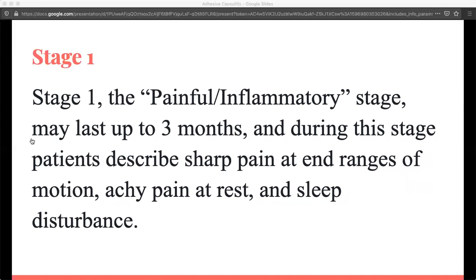I just wanted to talk to you about this a little more. So in the first stage, when they did arthroscopic exam, they found that there was a diffuse synovial reaction without as much contracture, which is why it's more pain and less motion loss. In frozen shoulder, what happens is that initial inflammation, the stage 1, not only do they have inflammation, but they also have more focal vascularity.